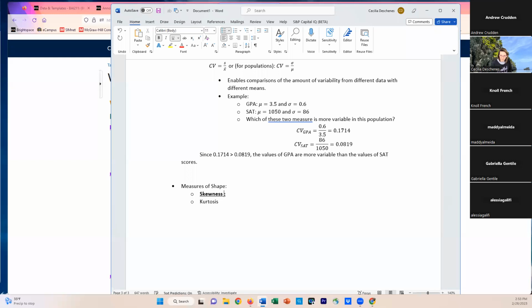Actually, I'm going to back up a little here. I'm going to say the skewness coefficient. This gives a number to the amount of skewness.